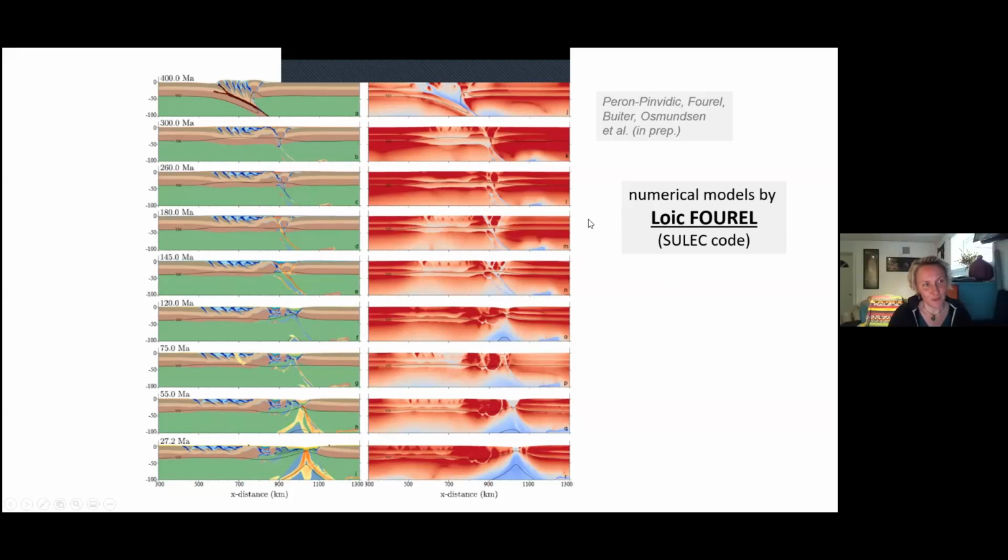I know it is not published yet, but his work was really impressive and excellent. How we initiated the orogen, that was with a seed, as always. And depending on all the parameters, of course, as you know, you change the geometries, you change the number of thrusts, and so on.